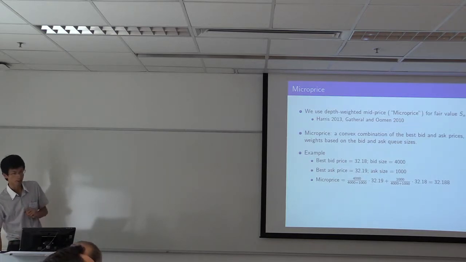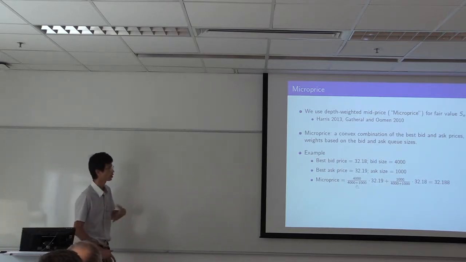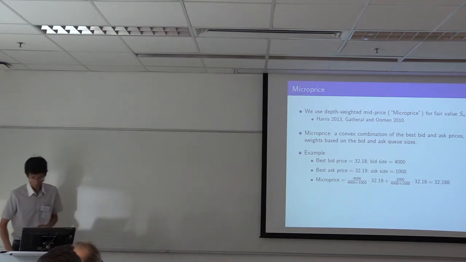Here is a simple example. This is the best bid and the best ask with the corresponding sizes. And what is the macroprice? You just do this convex combination. In particular, you see that this term is just the bid-ask imbalance. So the macroprice captures the bid-ask imbalance.